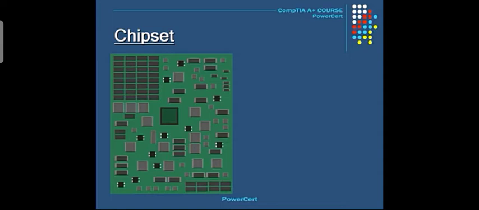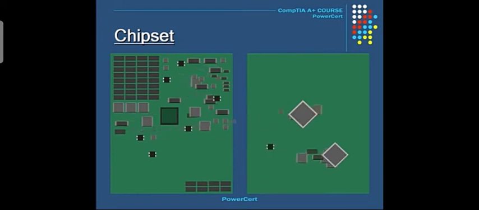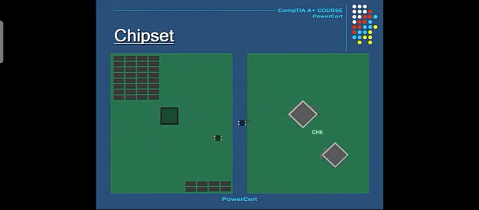As technology progressed, computer engineers decided to reduce the number of chips and have them in a more centralized location. So instead of having these different chips scattered all over the motherboard controlling different functions, they reduced the number of chips to do the same job and condensed them to only a few chips, or what's now called a chipset.